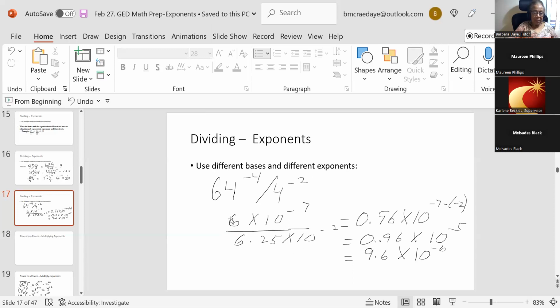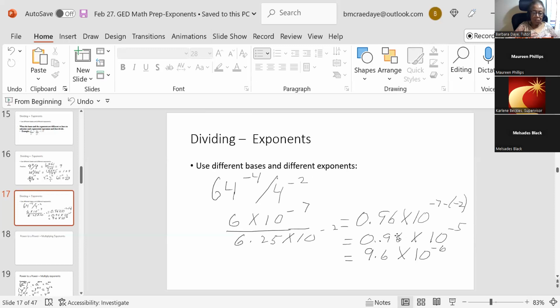So when I divided 6 by 6.25, I get 0.96. Then I subtract the exponent, minus 7 minus a minus 2. So it's a minus 7 plus 2, and that gives you a minus 5.